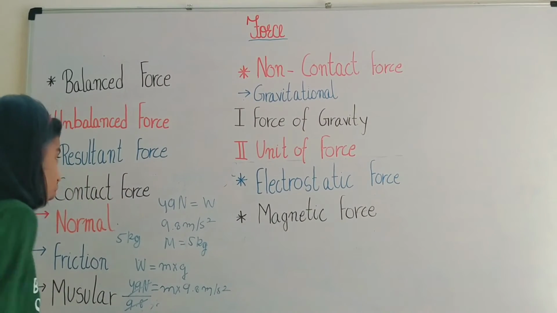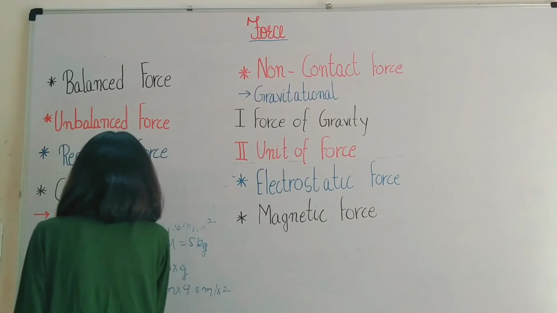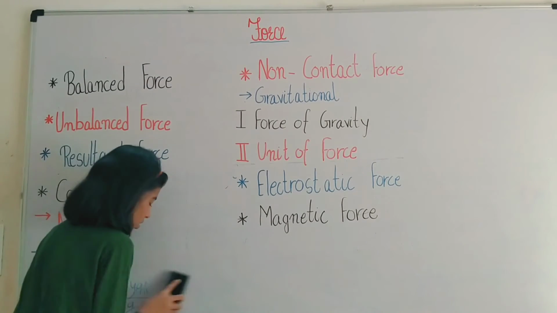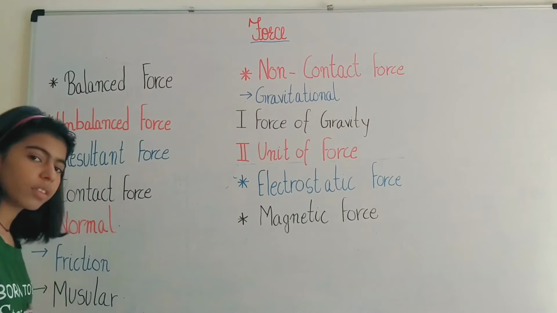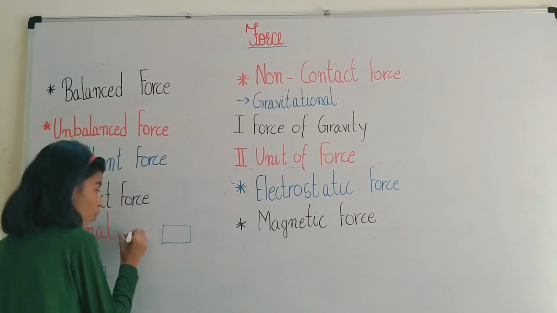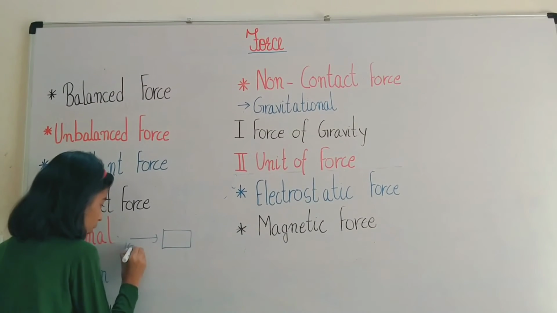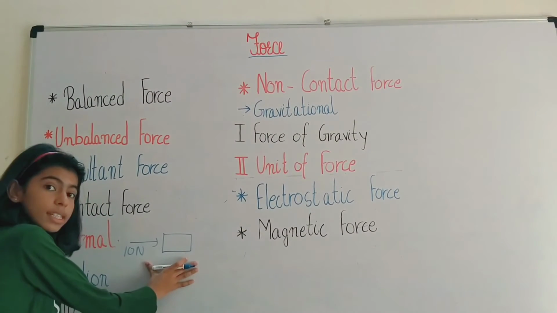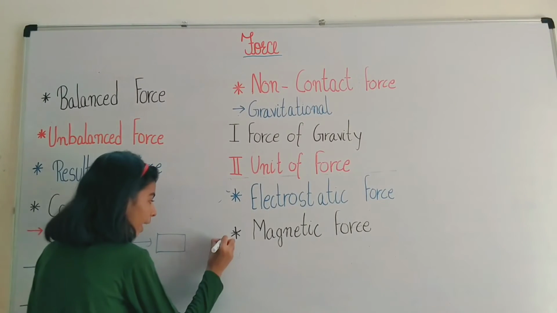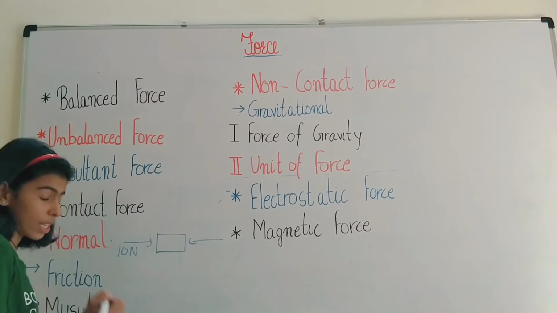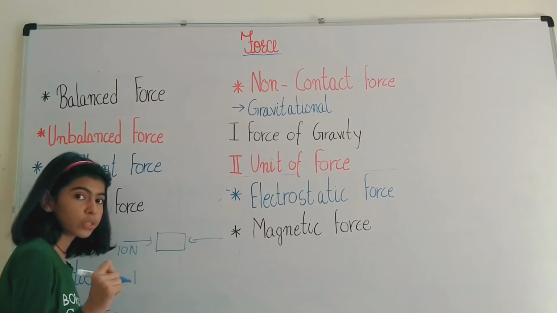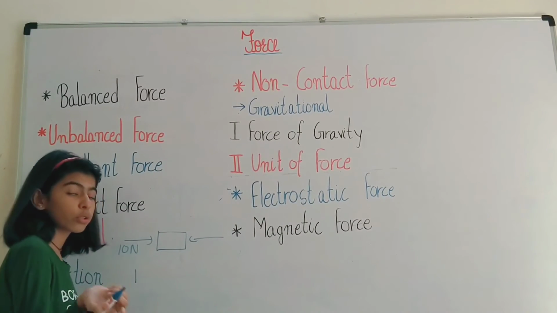So the next question is that we have to balance the force. Here is an object where the force applied from this side is 10 Newton, and this is a balanced force. So what will be the force applied from this direction? As we know, a balanced force will not produce any change in the rest, motion or direction.